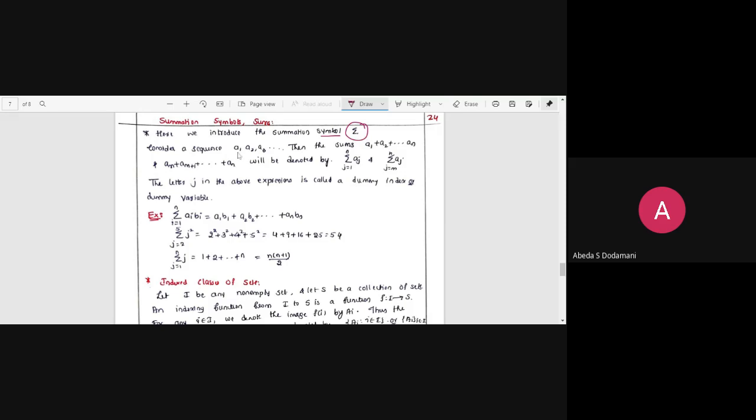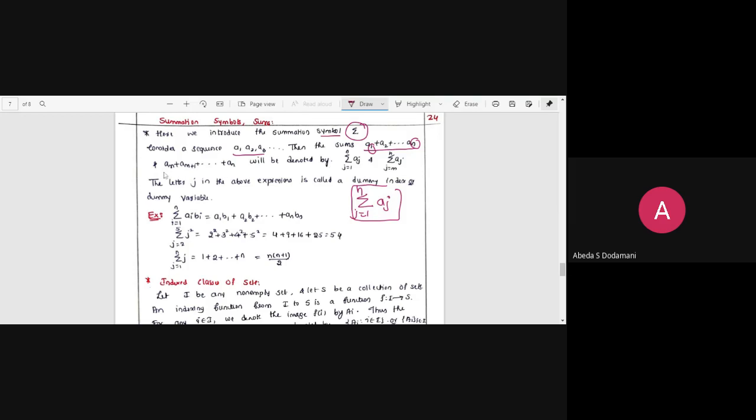If you're considering the sequence A1, A2, A3 and so on, up to n number of elements, then we can write the sum as summation of Aj, where j is running from 1 to n. You can see it is going from 1 to n. We can write it in a short way, so it is a sum. We use the summation symbol.